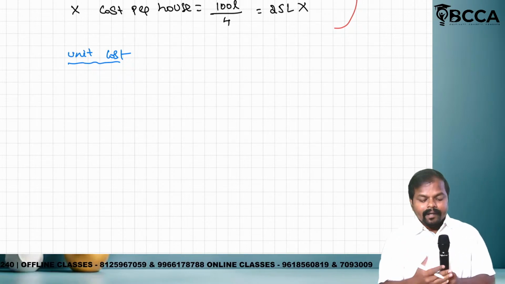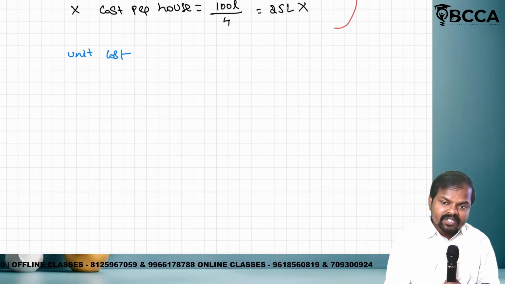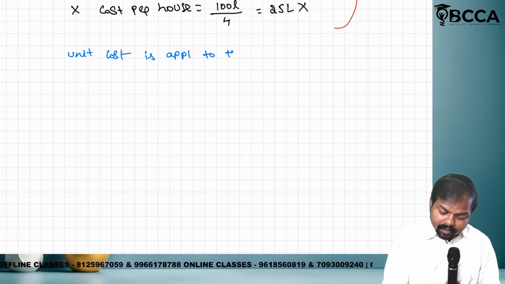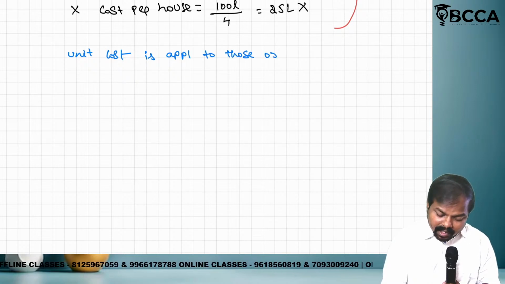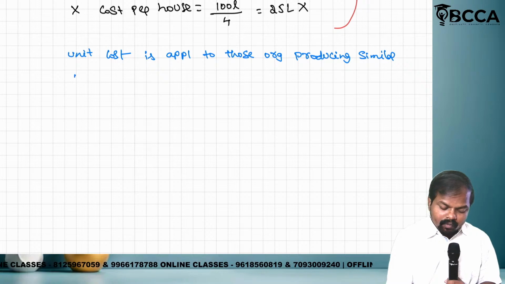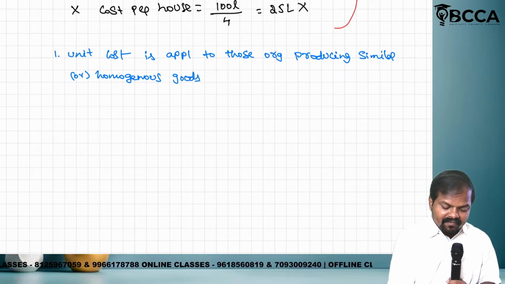Okay, anyway. Now tell me, unit cost is applicable to which industry? Unit cost is applicable to those organizations producing similar or homogeneous goods. This is the first point.